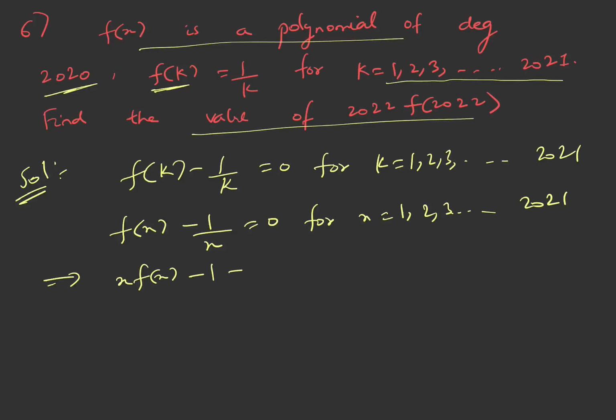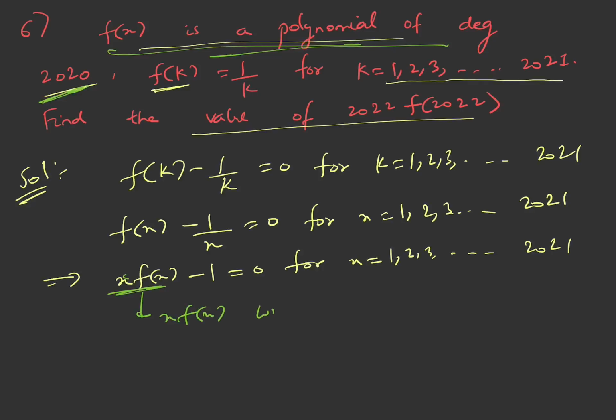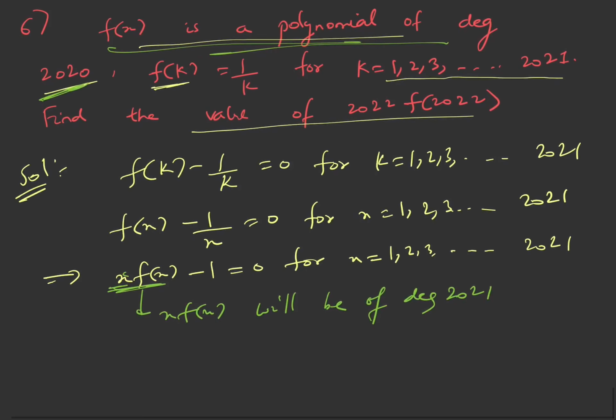This means that x f of x minus 1 is 0 for x equals 1, 2, 3 up to 2021. Now you see that f of x is a polynomial of degree 2020, and if I multiply x with f of x, then x f of x will be of degree 2021, right? Because you have multiplied x with f of x.